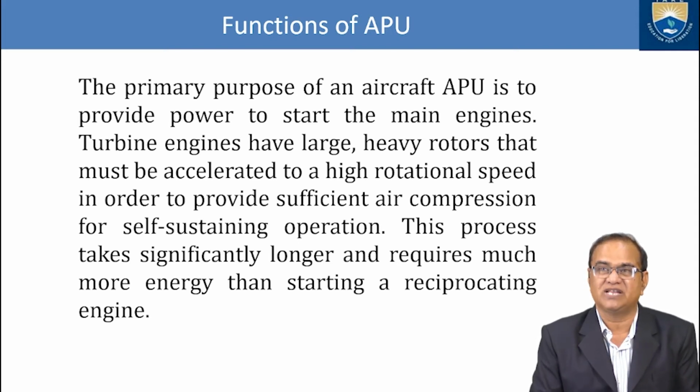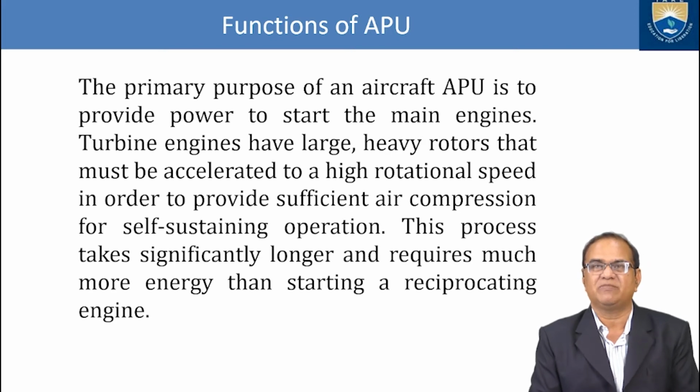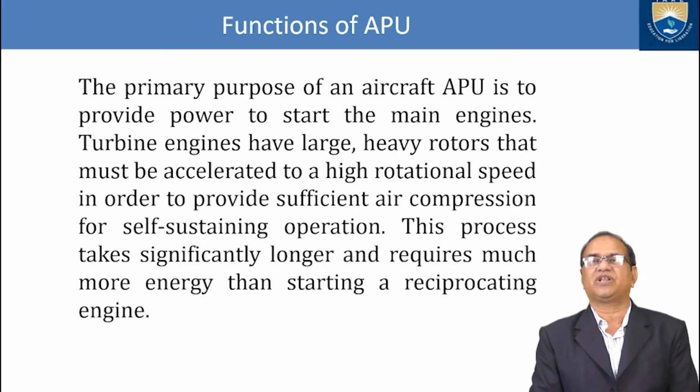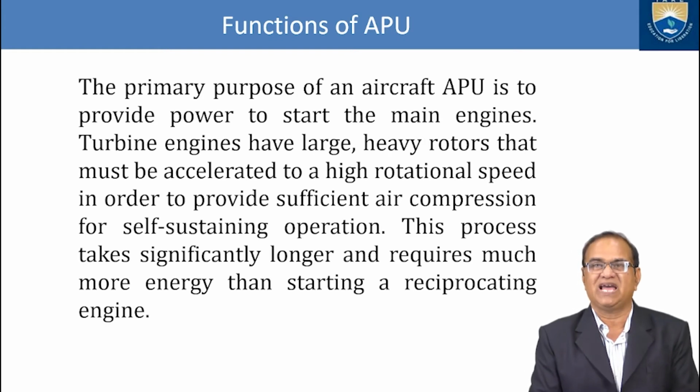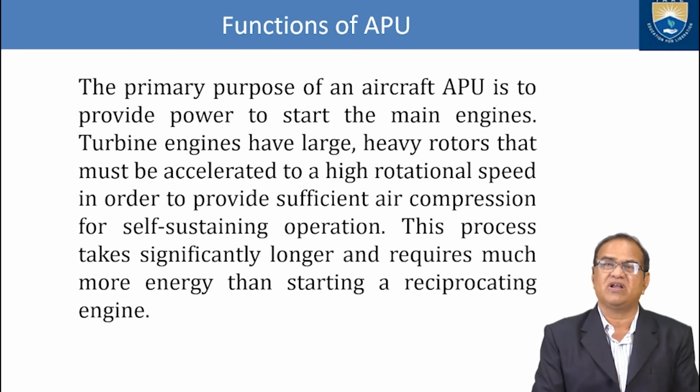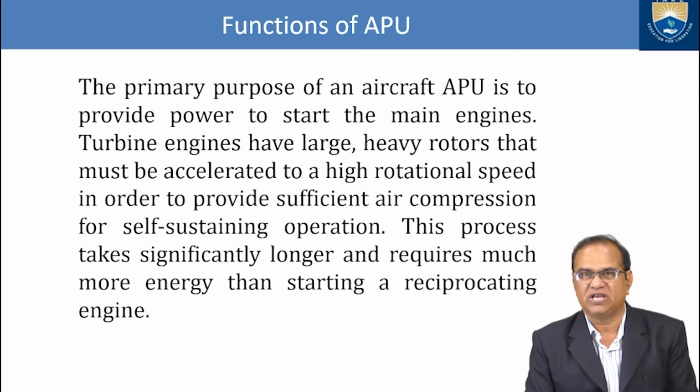Turbine engines have large, heavy rotors that must be accelerated to a high rotational speed in order to provide sufficient air compression and self-sustained operation. So we need a very high power to rotate the main engine. That can be rotated with the help of the auxiliary power unit.